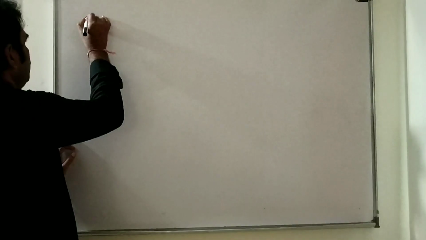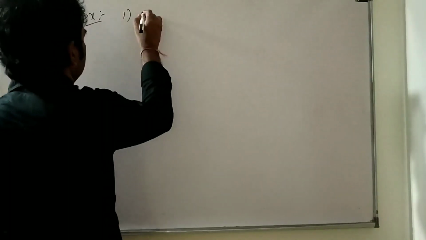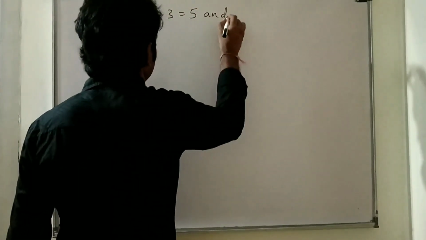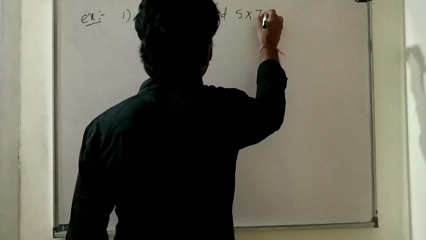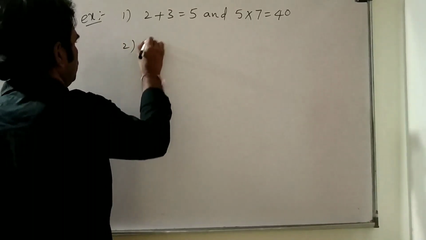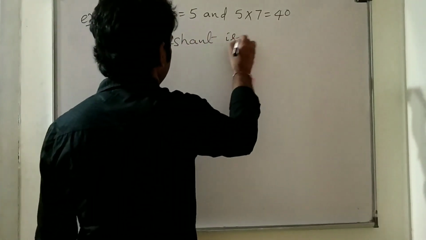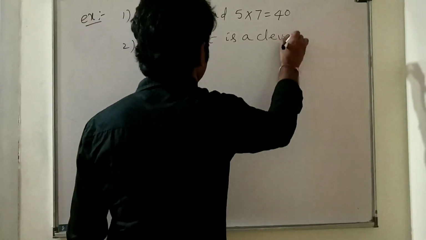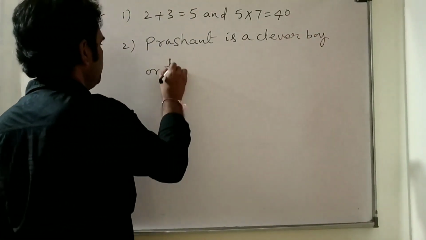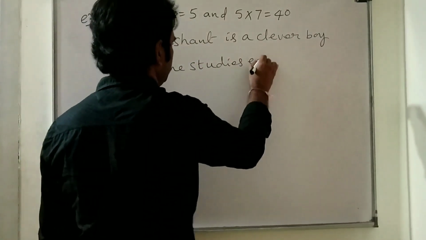See the example for compound proposition. 2 plus 3 equal to 5 and 5 into 7 is equal to 40. Second, Prashant is a clever boy, or he studies every night.